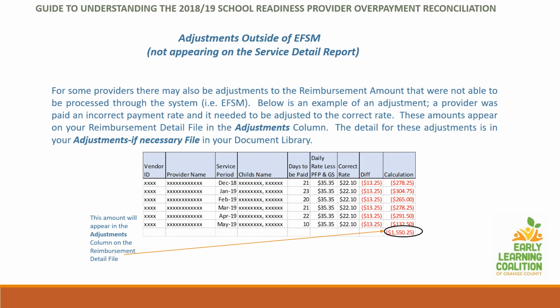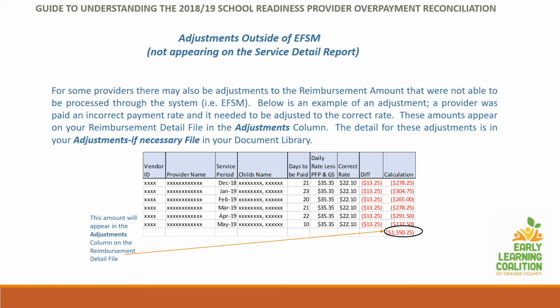The next slide talks about any adjusting entries that were needed but had to be processed outside of EFSM. An example of what you would see in this file has been provided on this slide.